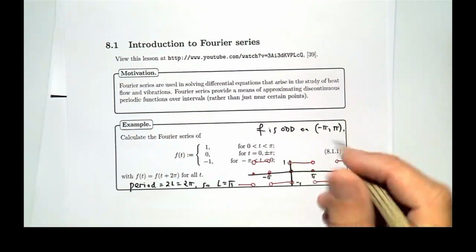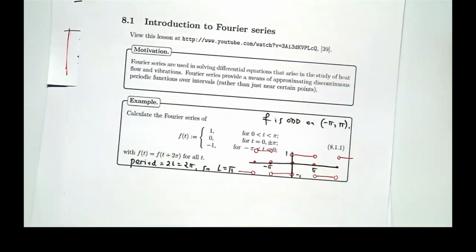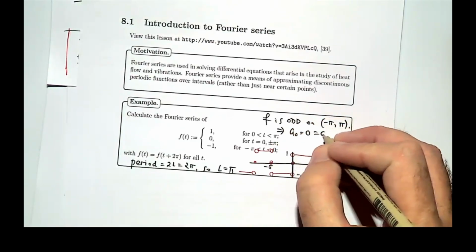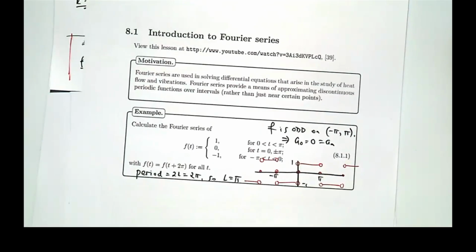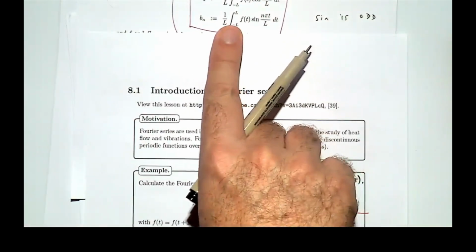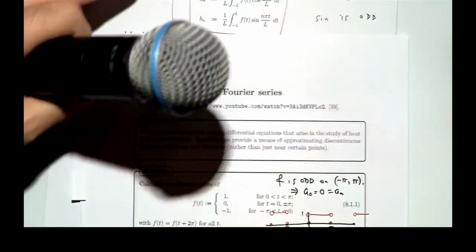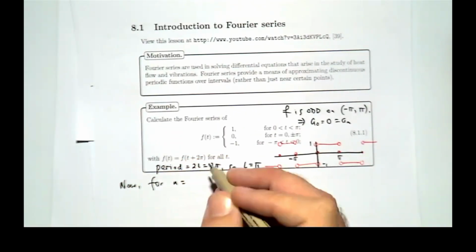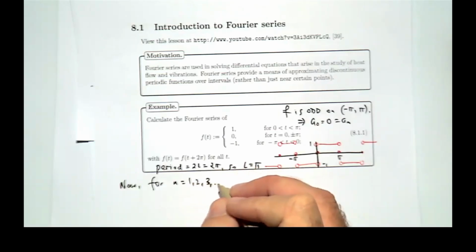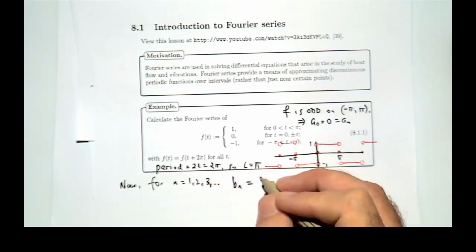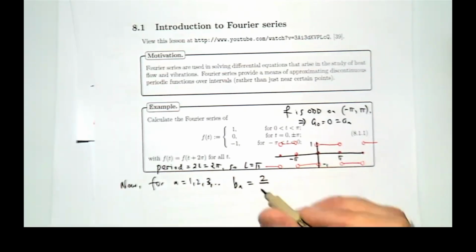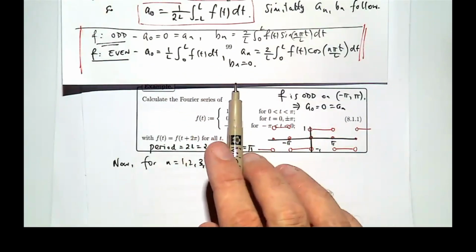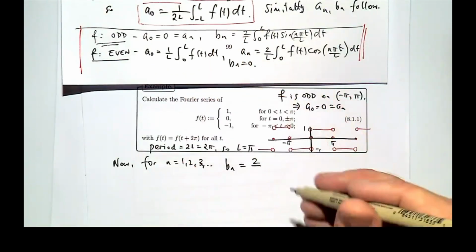So in this case, A naught and the A_n are all 0. All right, so our B_n is going to be twice times this. So if I go here, this is what I want.